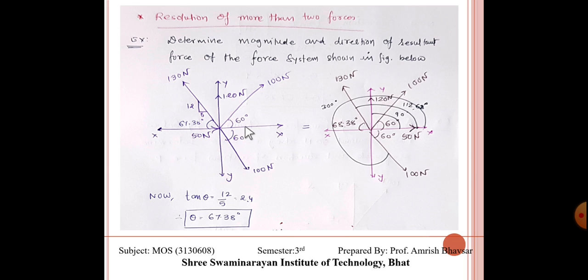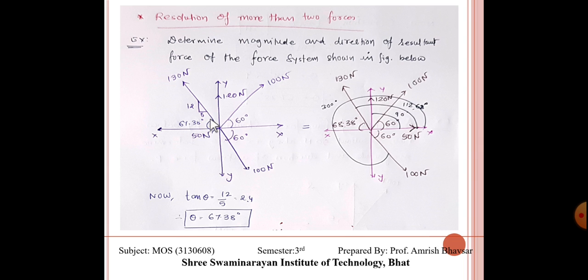Whenever we find the resultant, we must consider all the forces as tensile. Here 50 Newton is compressive, so first of all we have to convert this compressive force into a tensile force. So the force is somewhere over here. Afterward, this is tensile, this is also tensile, this is also tensile, and it is also tensile. Here they have given the slope.